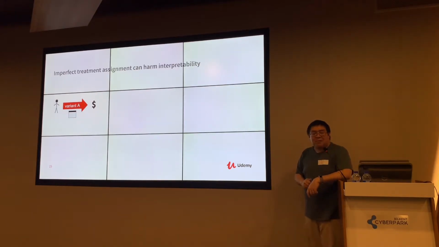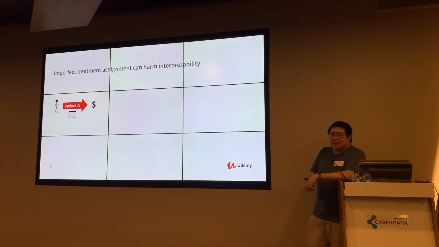Another challenge that can come up is, I painted this picture of this perfect A/B test, right, where you're able to split the users into two groups, the treatment group and the control group. But reality is not so much like that all the time. So for example, let's say a user comes to our site, and the way that we bucket the user is based on some type of cookie, so a web cookie or something like that.